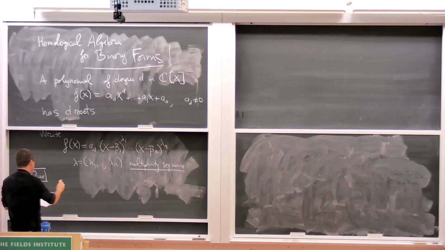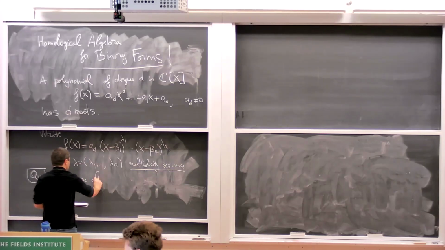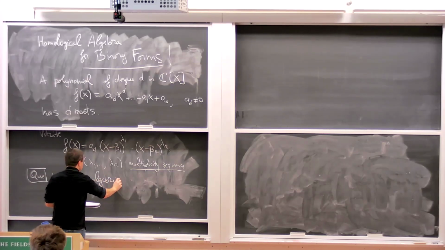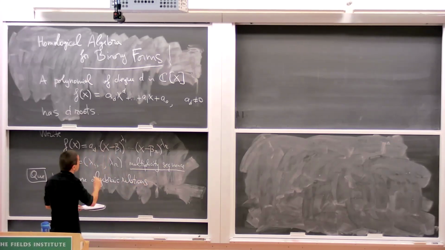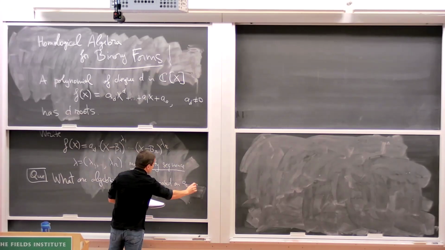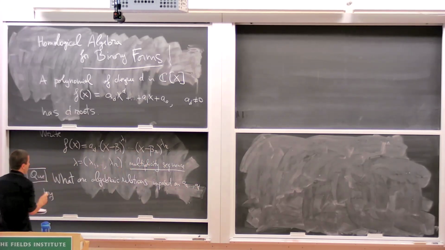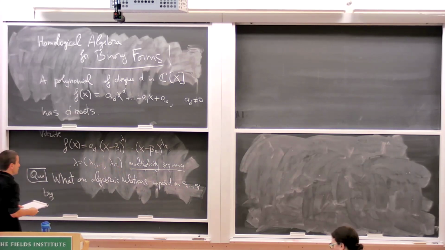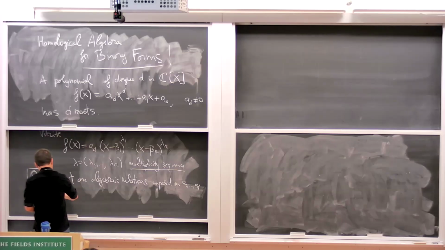So more precisely, what are the algebraic relations that are imposed on the coefficients a0 through ad by the fact that f has a certain multiplicity sequence? So let me just say, by the multiplicity sequence lambda.